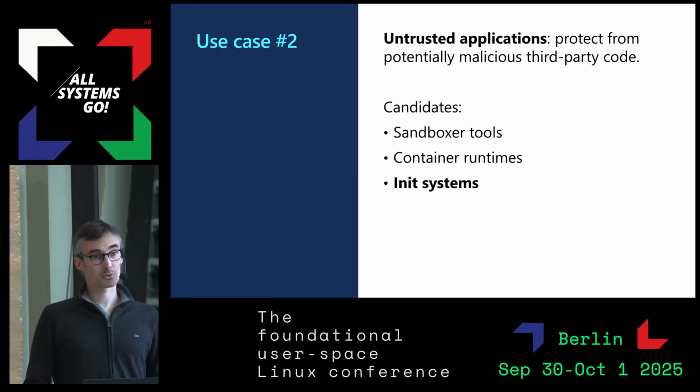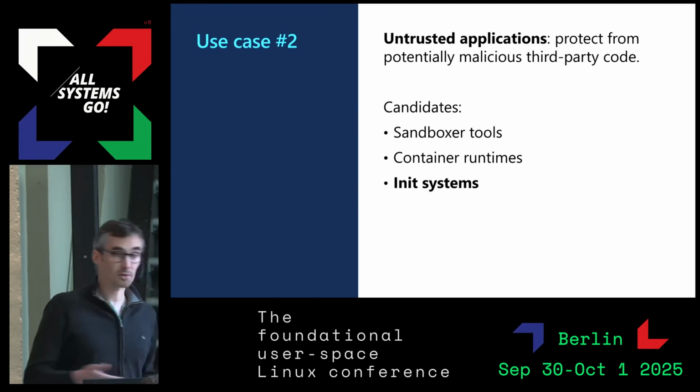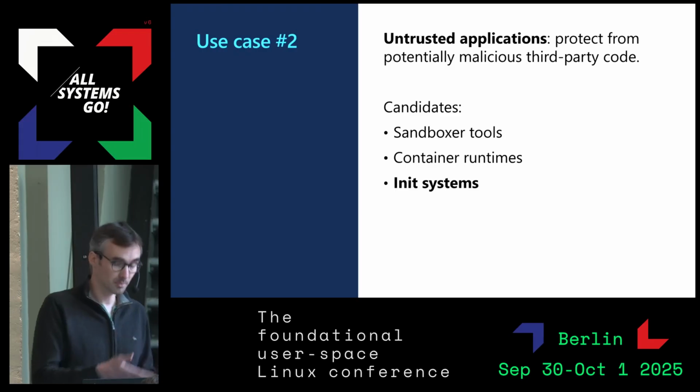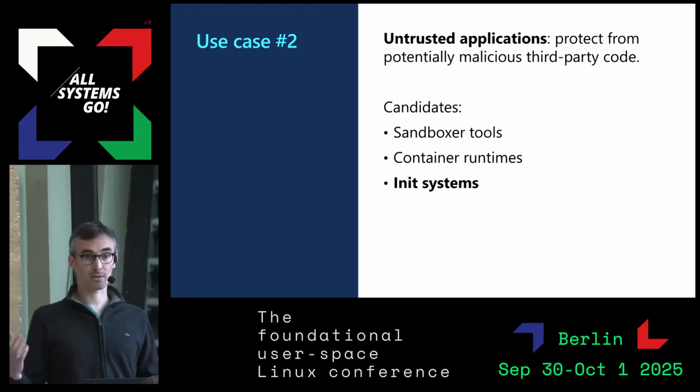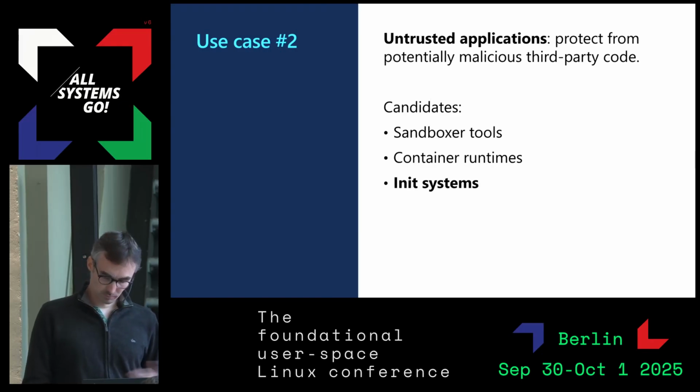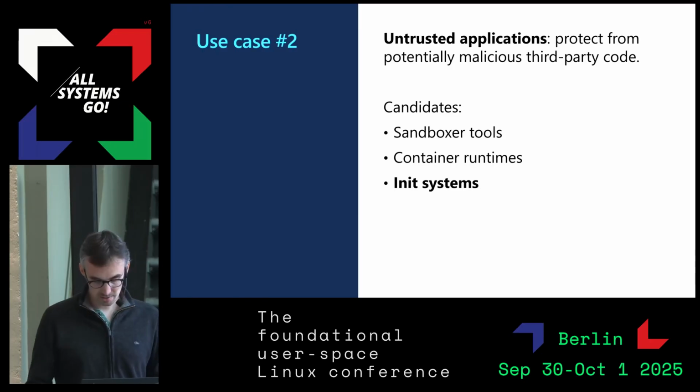And then in this case, you want to create a sandbox and launch this untrusted or not so trusted application in this sandbox, the same way you can launch a container and launch an application inside a container. And in this case, what the candidates, I would say, are sandboxing tools. We have some sandboxing tools already: container engines like Docker, Podman, or whatever, but also system services. So in this case, of course, I will talk about systemd.